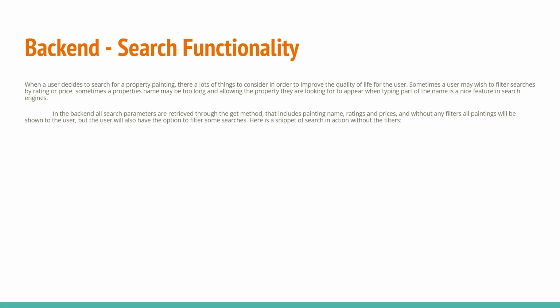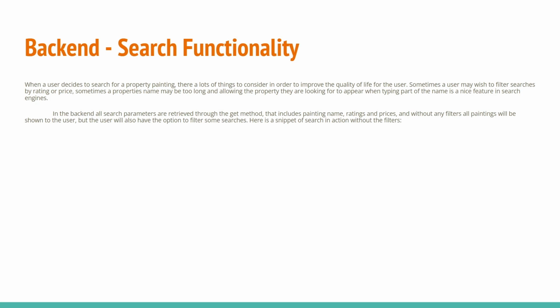After registration and login functionalities are done, the next step is working on the search functionalities of the website. When the user decides to search for property paintings, there are a lot of things to consider in order to improve the quality of life of the user.